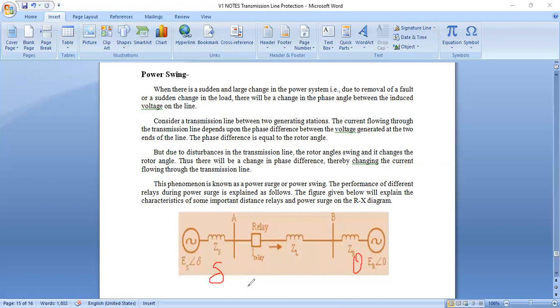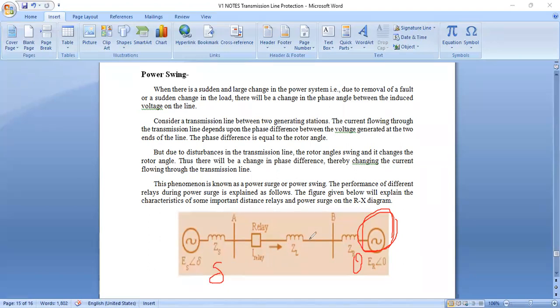This is called the power swing or power surge. Whenever there is a sudden change in the load or a disturbance or fault, the phase angle of the rotor changes.